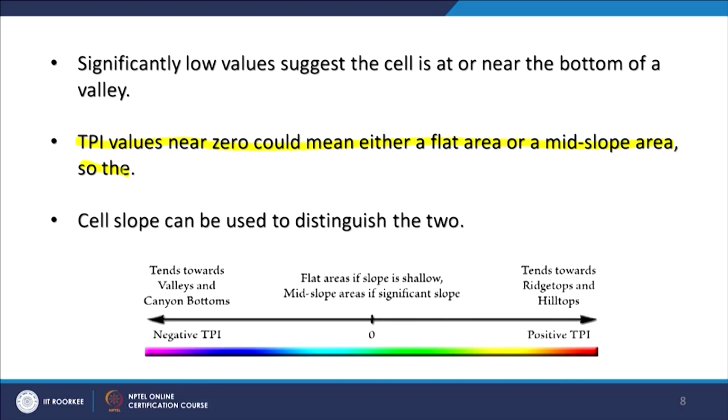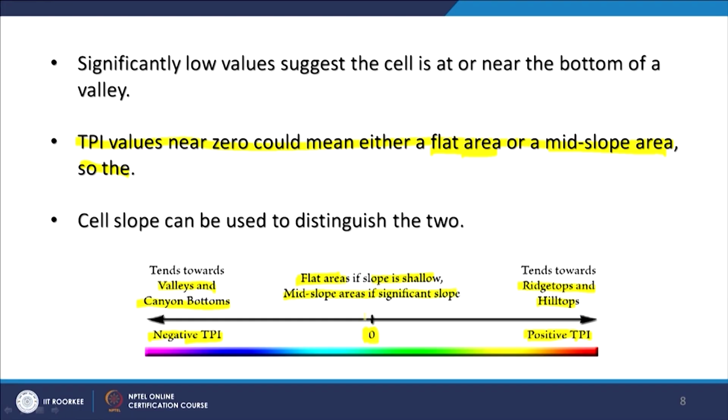If it is a negative TPI, then it is either valleys or canyon bottoms. If it is a positive TPI, it could be ridge tops or hilltops. But if the TPI value is 0, that means flat areas if the slope is shallow, and mid slope areas if significant slope is there.